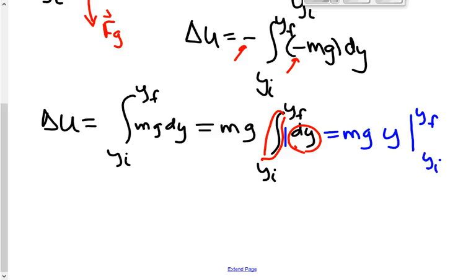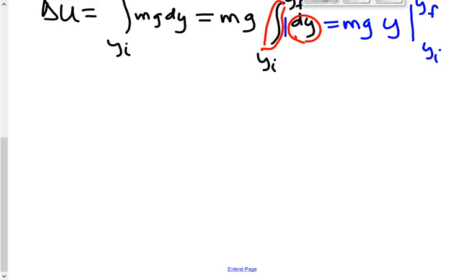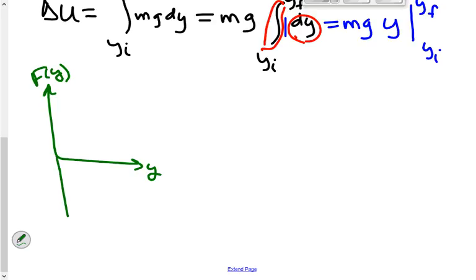Now, what's the other way we talk about an integral? What's the graphical interpretation of an integral? The area under the curve. So if I go over here for a minute and I make a little graph of y and f of y, what am I going to plot on here?